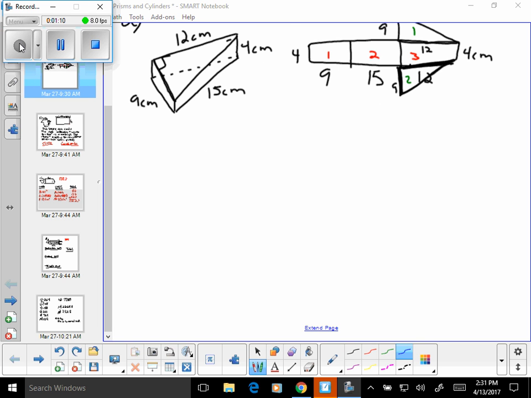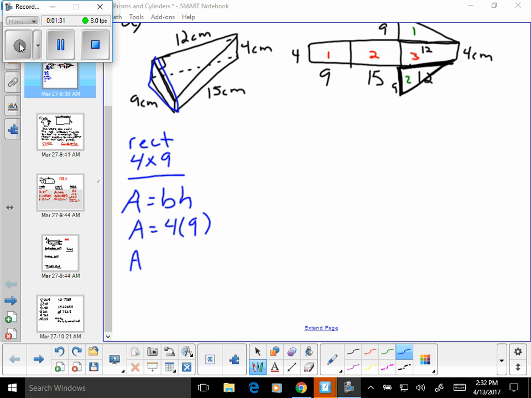For example, when I look, I see this particular face right here. And that particular face is a rectangle. It is a 4 by 9 rectangle. I will calculate the area using my formula. Area of that particular rectangle is 36 centimeters squared.